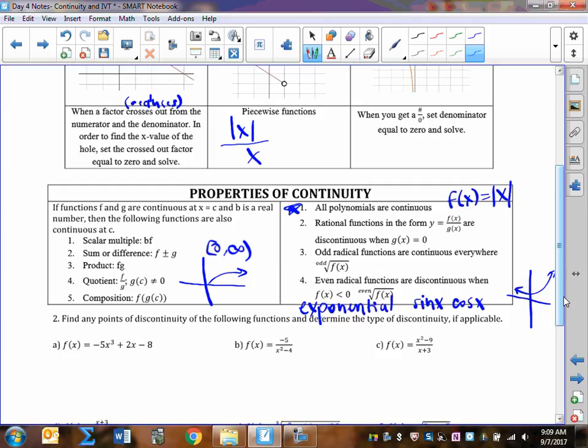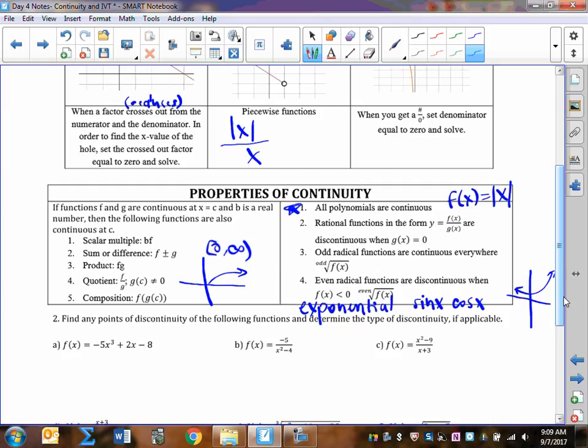Polynomials, exponentials, sine and cosine, absolute values are continuous on their domain, but their domain is all real numbers, whereas my square root curve is continuous on its domain, it just has a more limited domain. So even radical functions are discontinuous when underneath is negative. It's going to be continuous for this being greater than or equal to 0, meaning it is positive.